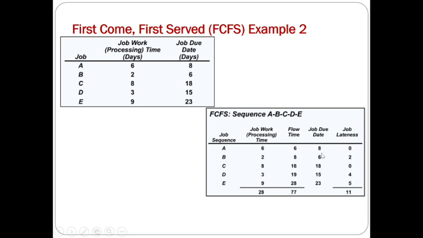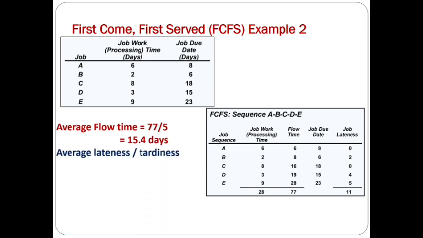Flow time minus due date will give you the lateness or tardiness. So 6 minus 8 gives you minus 2, so we have to put 0 here. 8 minus 6, 2. 16 minus 18, negative value, so 0. 19 minus 15, 4. 28 minus 23, 5. So the total job lateness is 11. By having all this data, we can calculate the average flow time, which is 77 divided by the number of jobs, 5, which gives you 15.4 days.